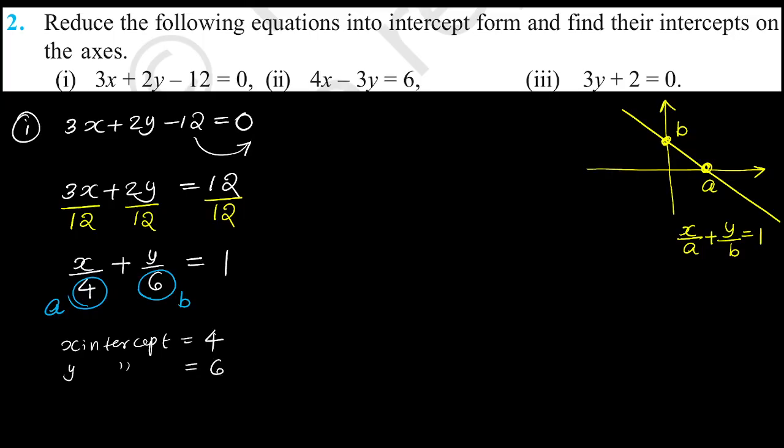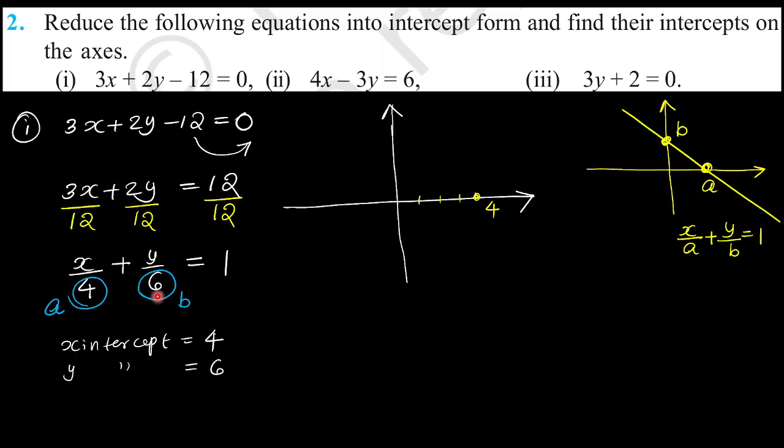One advantage in expressing in intercept form is we are able to draw the graph of the line. Why? Because I got that x-intercept equal to 4. X-intercept equal to 4 means the line cuts x-axis at 4. 1, 2, 3, 4.